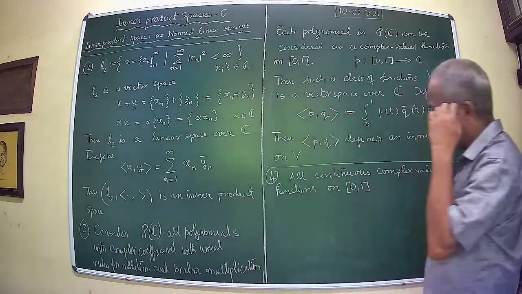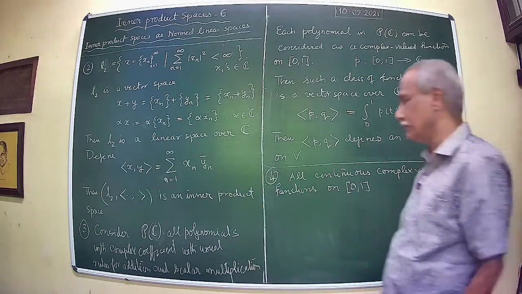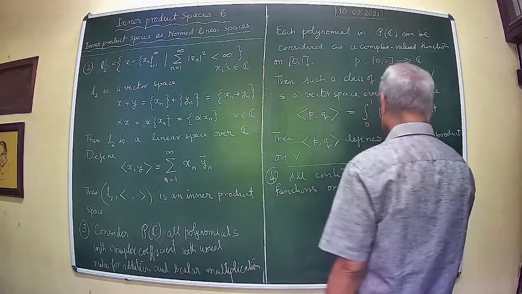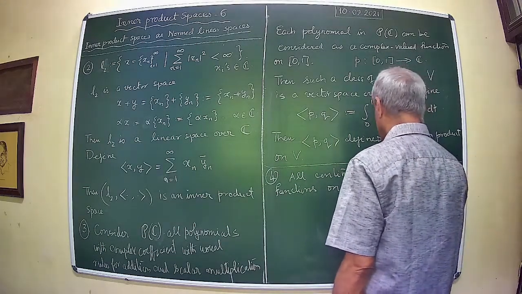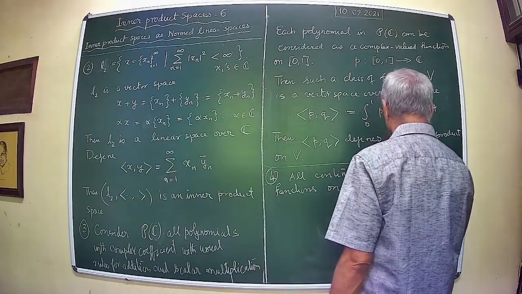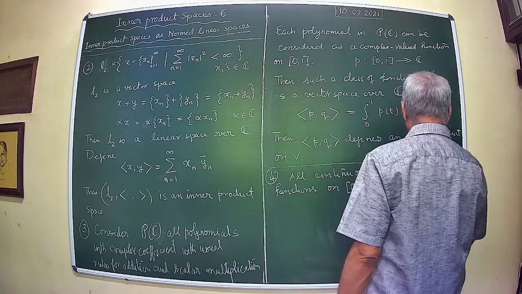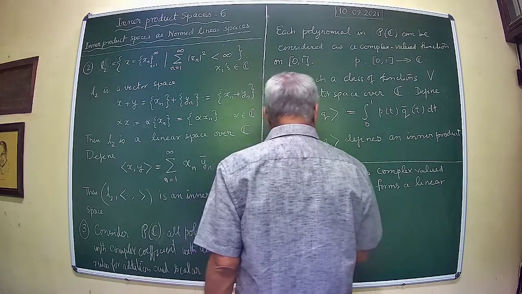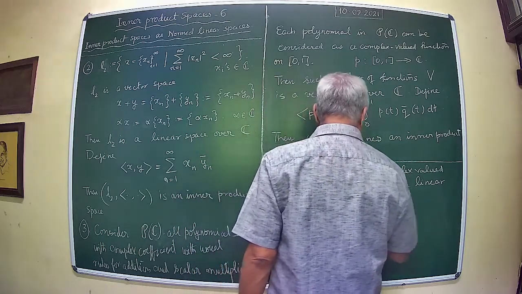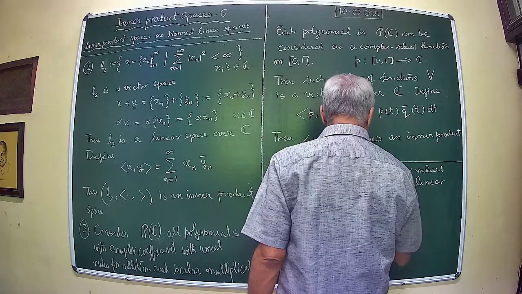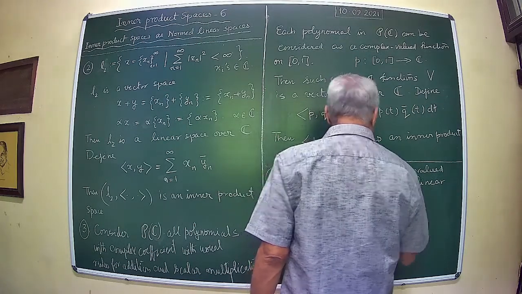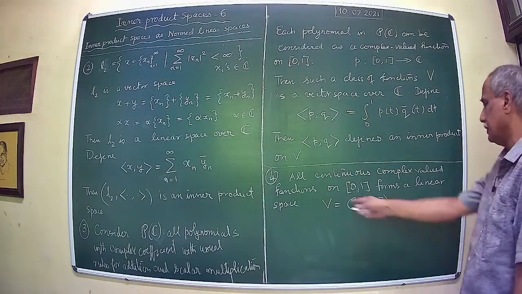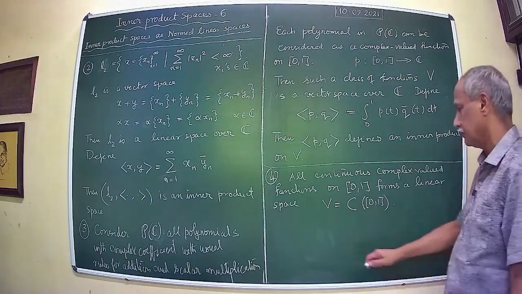There is no sanctity for this 0, 1. You can take it as any interval of the real line. Okay. So V equal to, and you see that the class of polynomials that we have looked at is a subspace of this.